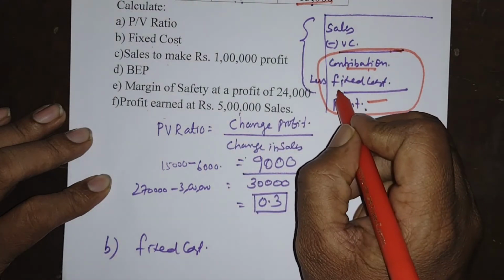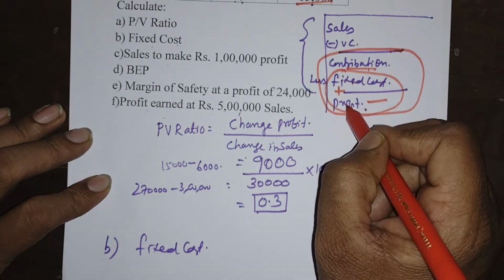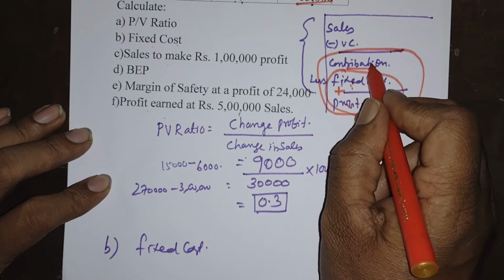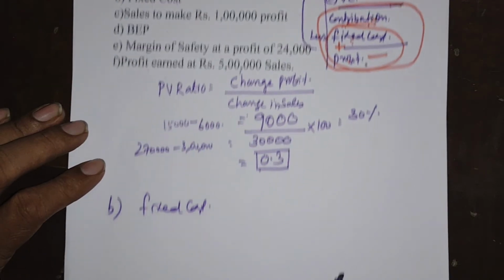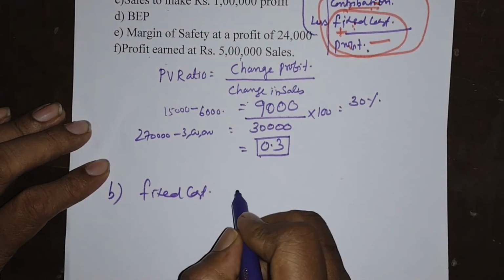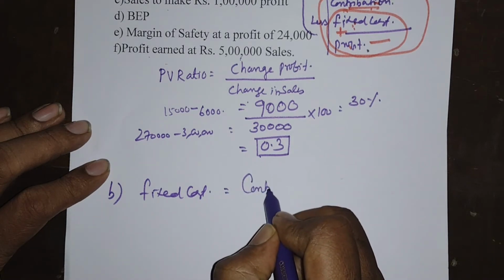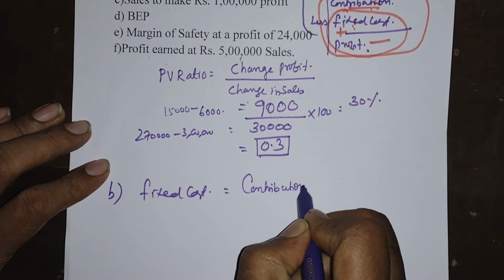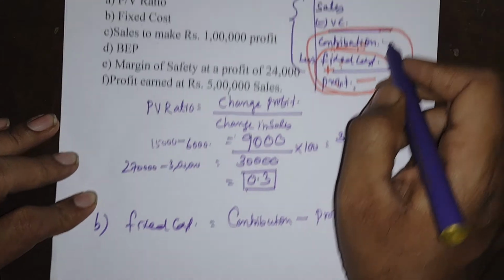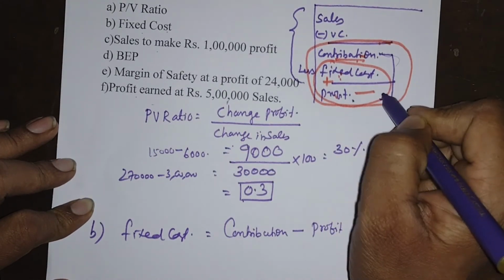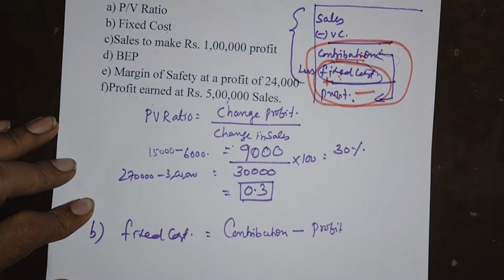When we add the profit and the fixed cost, we get the contribution. So fixed cost will be calculated as contribution minus profit. From the contribution, when you minus the profit, the balancing figure is the fixed cost.